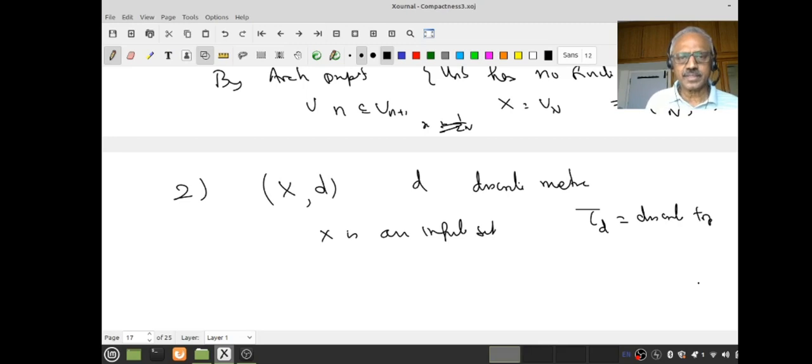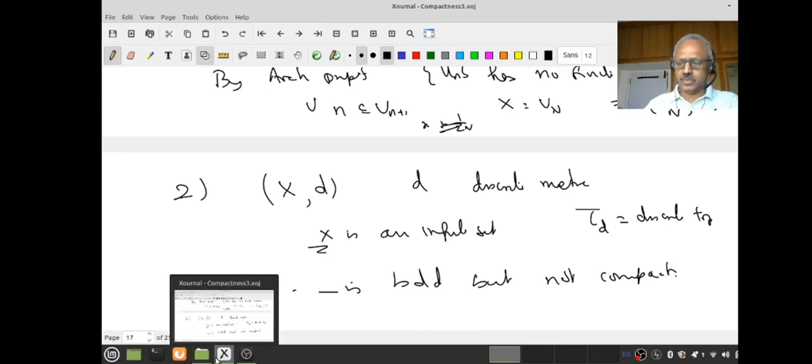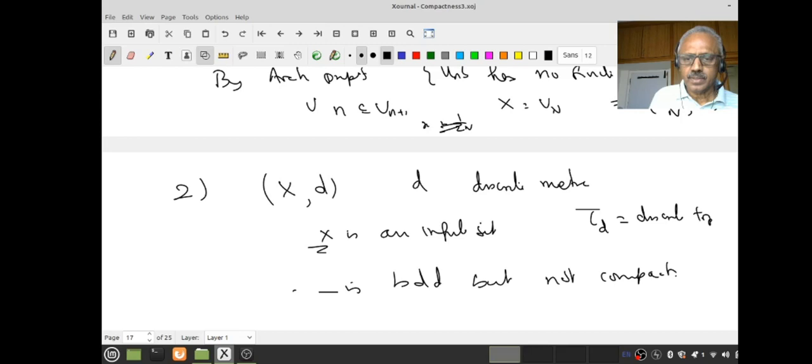So what do you think? But we had already seen a discrete topology gives rise to a compact space if and only if the set is finite. But what is my assumption? X is infinite, therefore this is a bounded metric space but not compact. So pause, review, proceed.